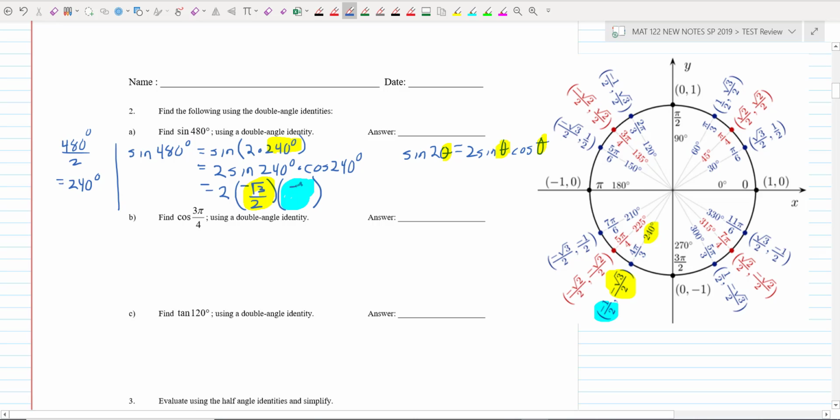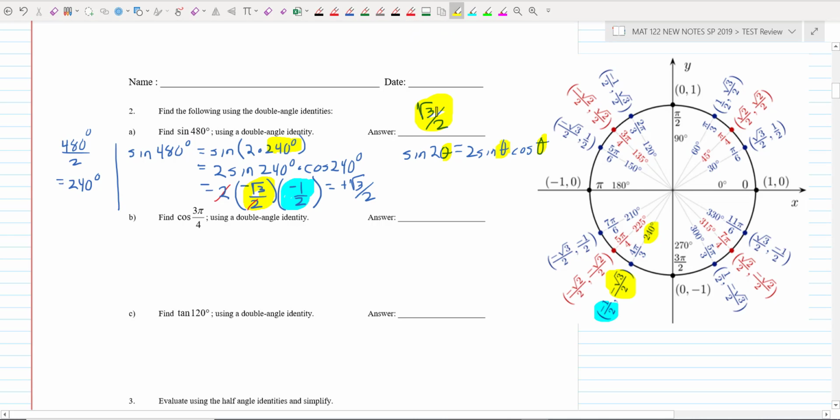Now we just multiply straight across. One thing you might see is that 2 divided by 2 is 1, so that cancels out. So you're left with positive square root of 3 over 2 as your answer.